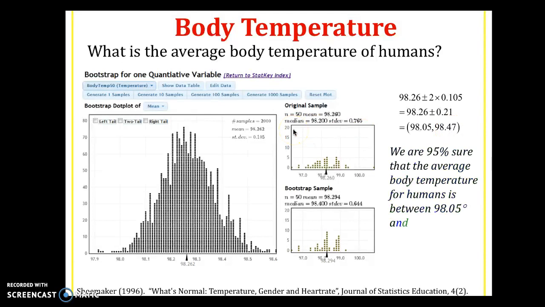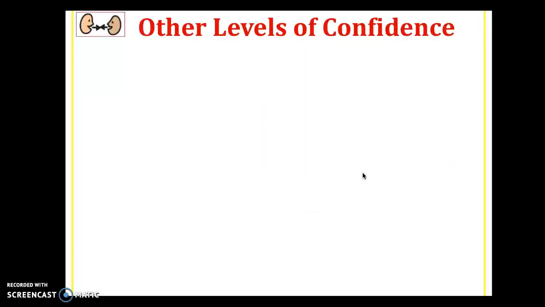And for a summary, we would say we are 95% confident that the average body temperature for humans is between 98.05 degrees and 98.47 degrees. So notice, where did that 98.6 come from? It's not in our range. So this would provide some evidence that 98.6 is not the true population parameter or the true population average temperature.